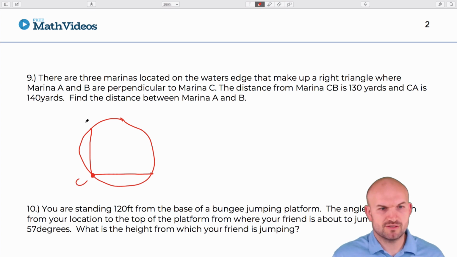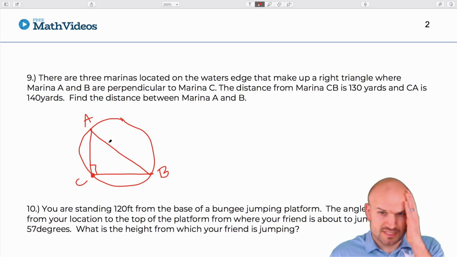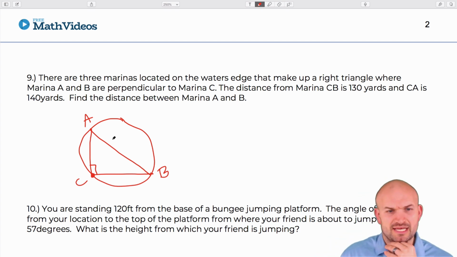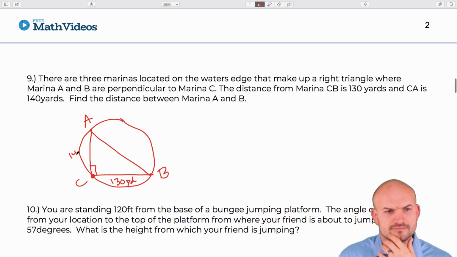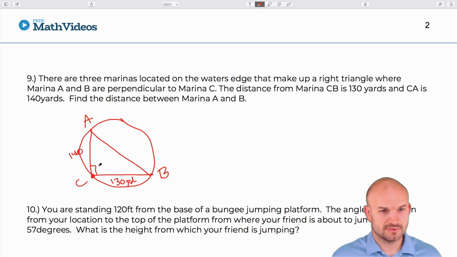Here's C, so we'll have A and B. The distance from Marina CB is going to be 130, and CA is going to be 140. Then find the distance from A to B.